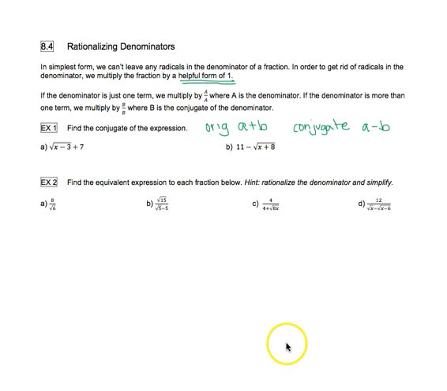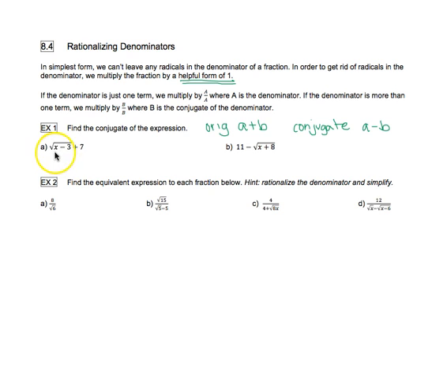The two terms themselves do not change. If it's a radical, it stays a radical. If it has an x, it stays with an x. The only thing that changes is the sign that's between. So if the original was a plus, the conjugate is a minus. If the original was a minus, then the conjugate is a plus.